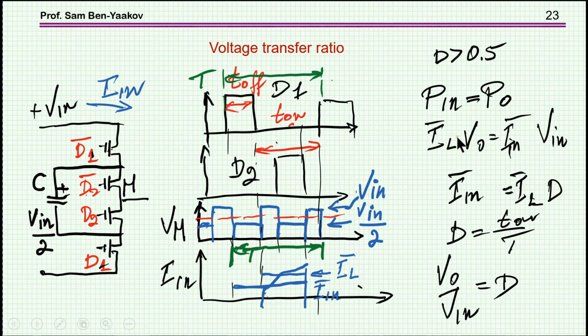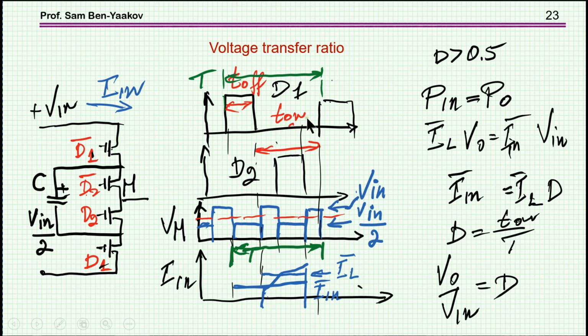Now, what is output power? The average inductor current times the output voltage. What is the input power? It's the average input current times V in. Now, if we define the duty cycle T on as this portion here, because this portion here is when D1 not is on, and this is the classical way of defining a duty cycle when you are connected to the input, when you're pumping in power.